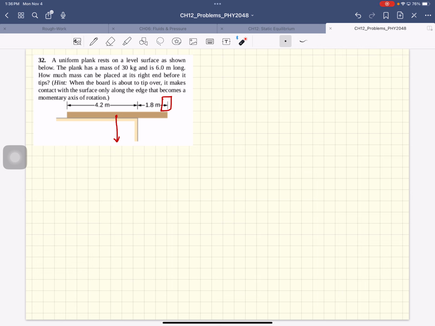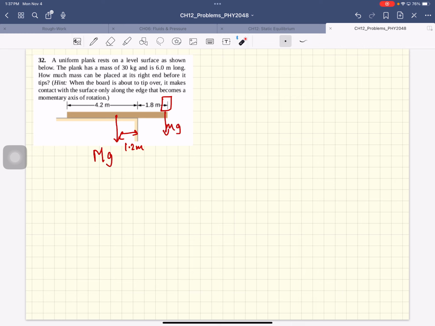So, this says a uniform plank that's 6 meters. This is 4.2 meters. The center of mass is at 3 meters, so this is 1.2 meters. And this is mg, capital M for the mass of the plank.